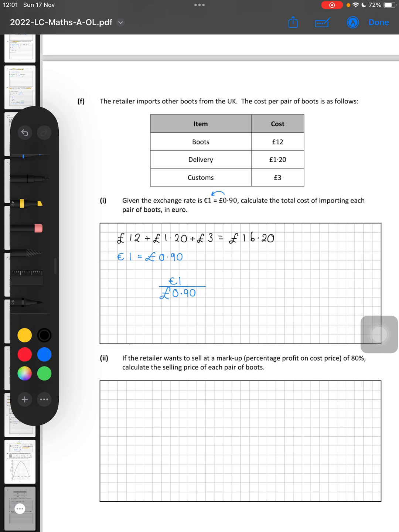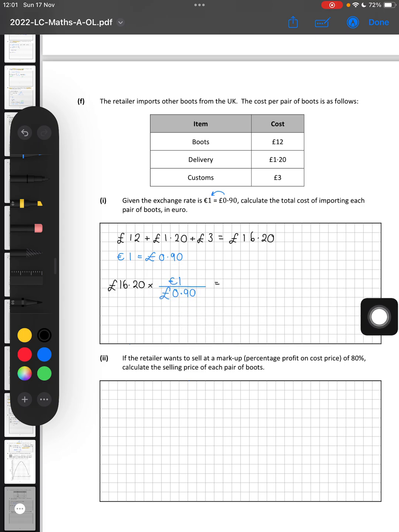So I can multiply the number they gave me in pounds, the 16.20, by my currency conversion fraction. That way I'm not getting confused between whether I multiply or divide. I just know that I have to multiply by 1 over 0.9.